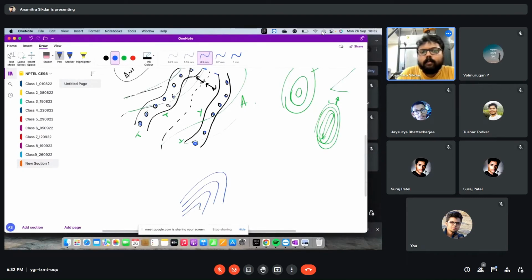So you just connect these hinges, and we extend this inward and outward, so you will get a plane, right? Yes, sir. So this is called the axial plane.